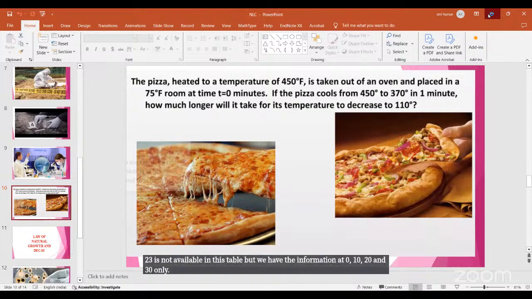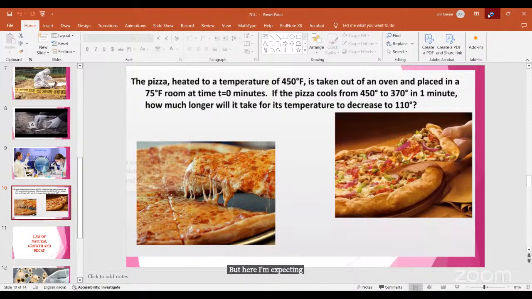But here I'm expecting the temperature after 23 minutes. Or at what time the temperature reaches 30 degrees. In the first question, I'm expecting the temperature after a certain time. But in the second question, I'm expecting the time after a certain temperature.